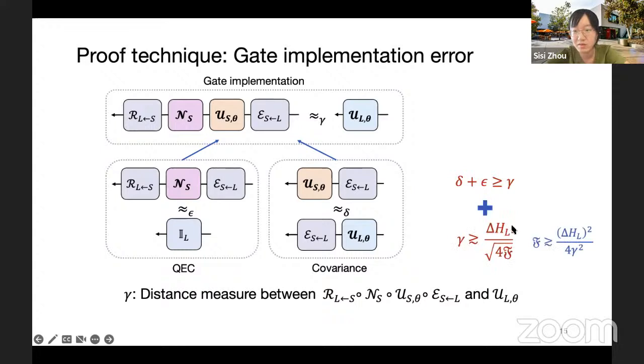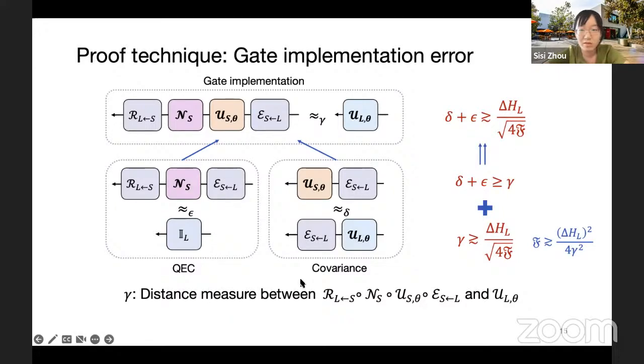In fact, you can find this lower bound on gamma using methods from quantum metrology. You can calculate the Fisher information of this quantum channel, and you can show that it's lower bounded by the scaling of 1 over gamma square, and then it effectively puts a lower bound on gamma. Combining these two, we would have this trade-off relation between epsilon and delta as our second result.